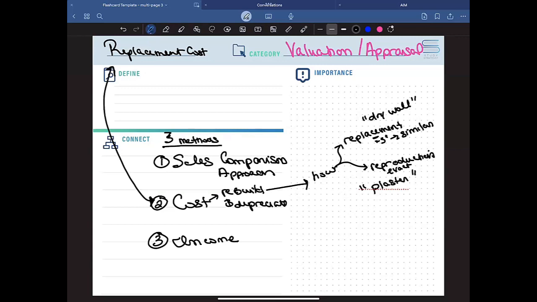So if I were to define it, I'm going to say it is the similar replacement in the cost approach.